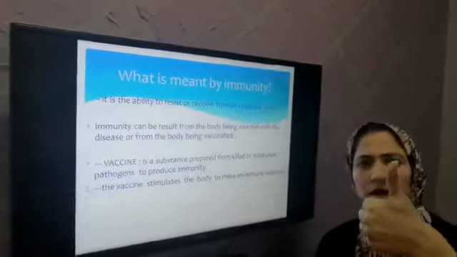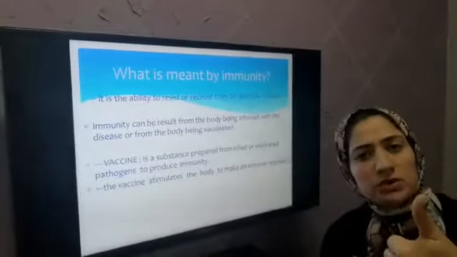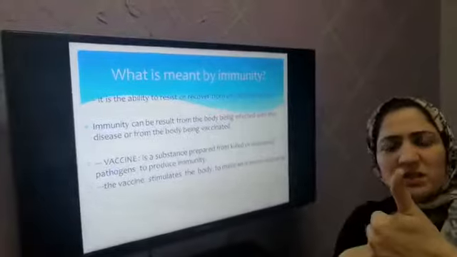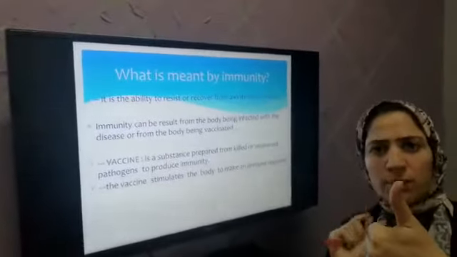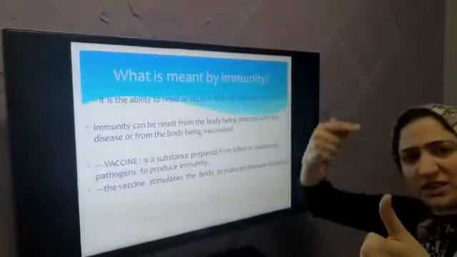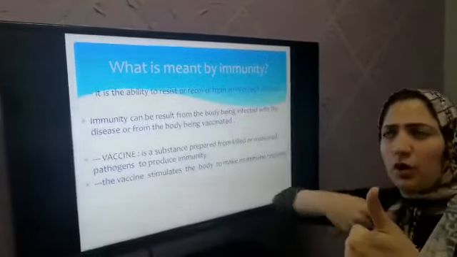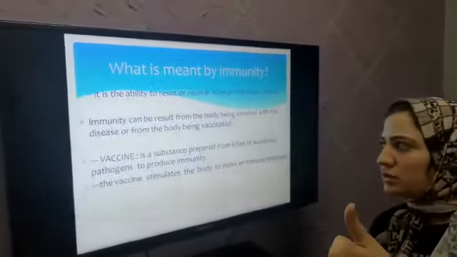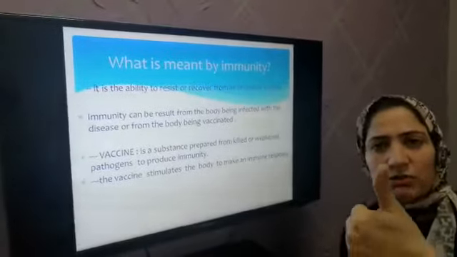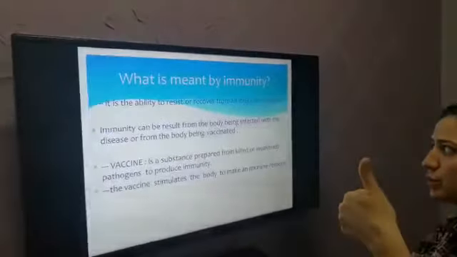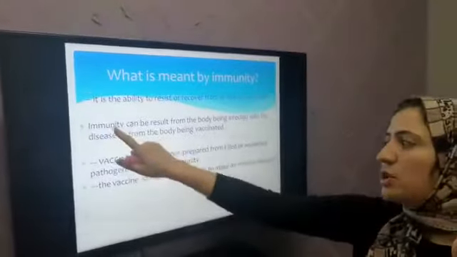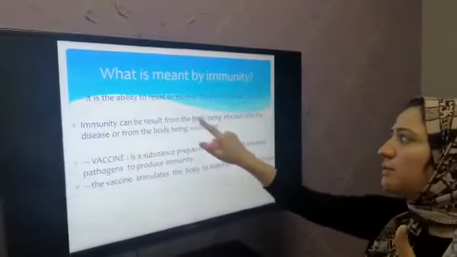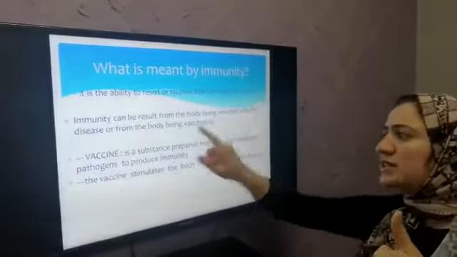This disease enters our body, and our immune system will form antibodies to this disease. And these antibodies are still stored in our body. So, if we are infected again with this disease, our body will produce these antibodies to protect us from this infectious disease. So number one, immunity can result from the body being infected with the disease.